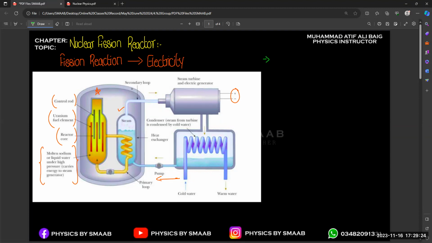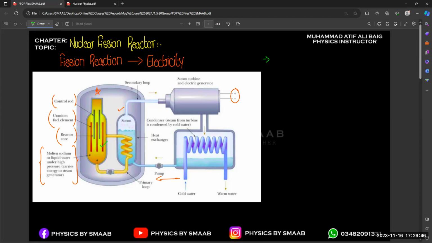The very first important thing is that we are using uranium fuel elements. You can see these red rods show the concept of the uranium rod. These rods are made up of uranium. To start the reaction, we have to strike a neutron on the uranium rods, right? So the fission reaction will start.